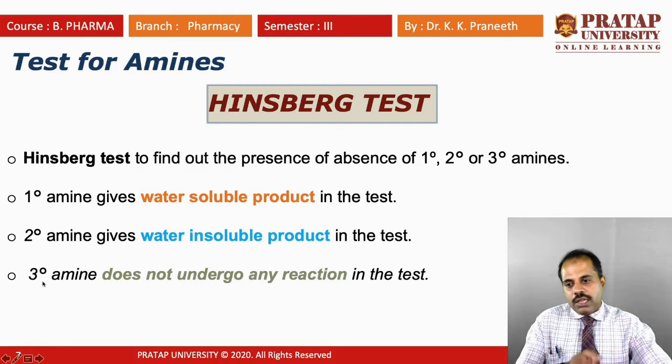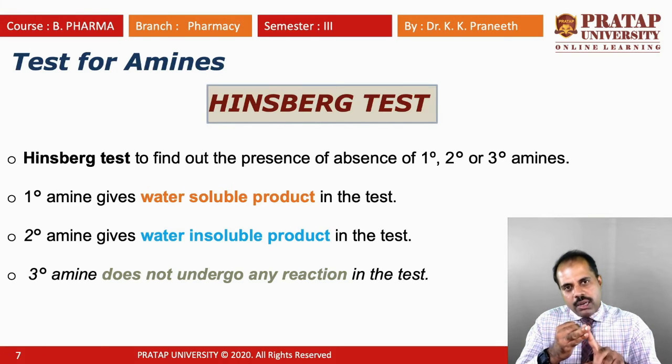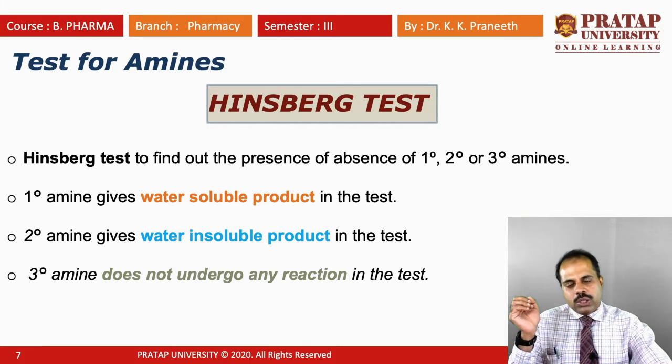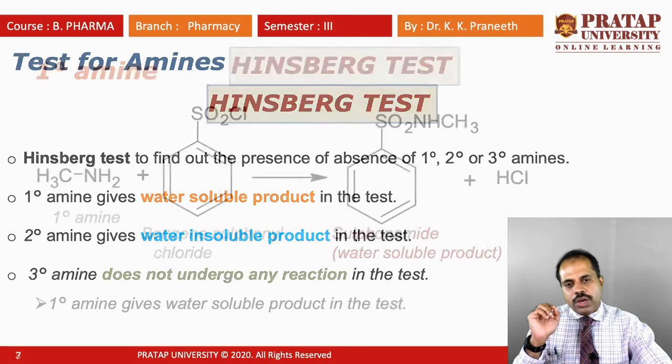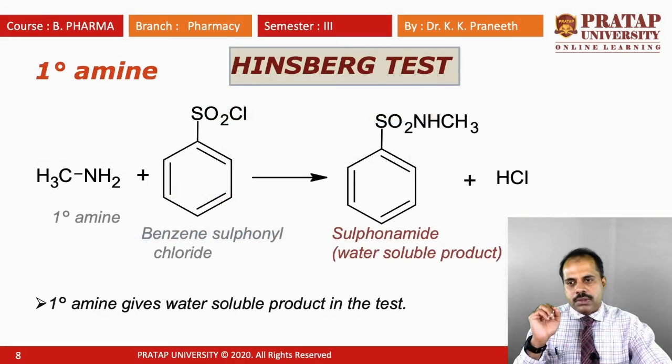This is what happens in the tertiary amine. Tertiary amine does not undergo any reaction in the test. So using this simple test, the Hinsberg test, we can detect whether it is a primary amine, secondary amine or tertiary amine. So now let's look more closely at this reaction. This is the Hinsberg test for primary amine.